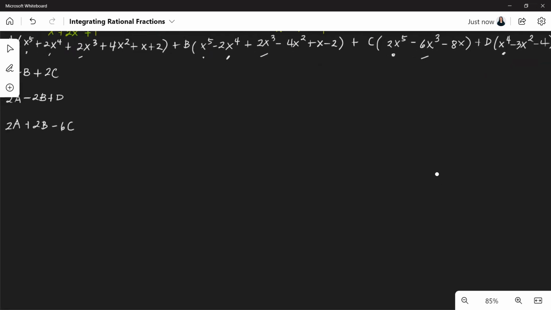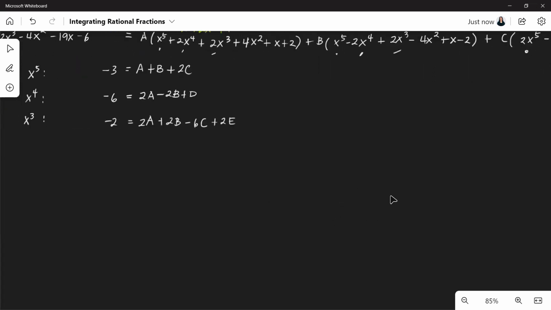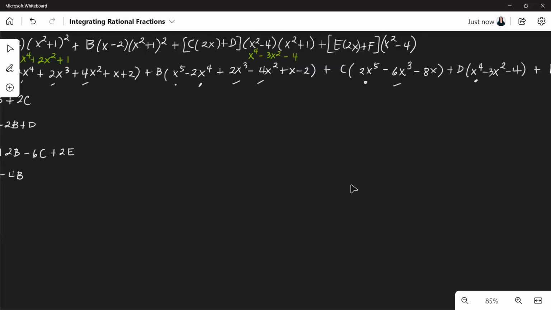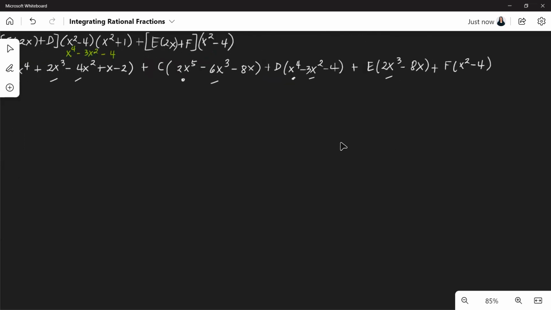Okay, so plus 2e. Next, x squared terms rather. So negative 4 on the left side. This, then 4a. So for this one, that's minus 4b. Then minus 3d. Then plus f.